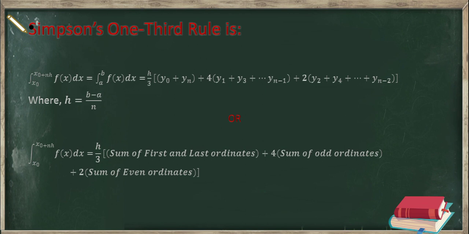Or simply we can say it is h by 3 times the sum of the first and last ordinates, plus 4 times the sum of odd ordinates, plus 2 times the sum of even ordinates. So this is the simple Simpson's one-third rule.